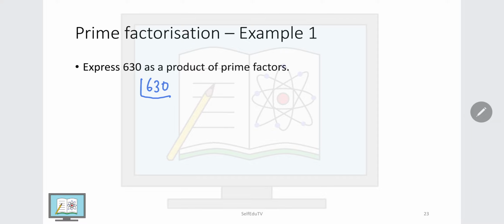Let's do it systematically. The very first prime number is 2, so divide by 2. 630 divided by 2, you will get 315. 315 is not divisible by 2, so we proceed to the next prime number, which is 3.